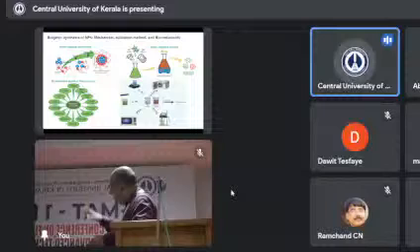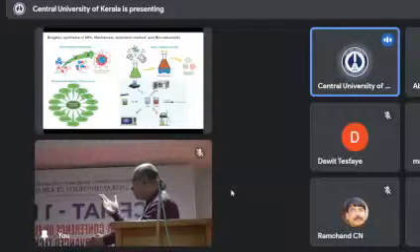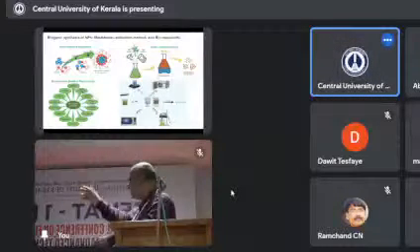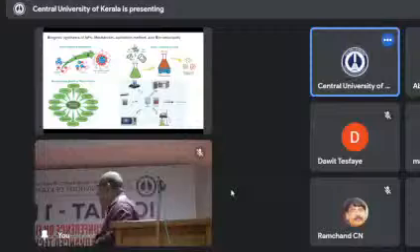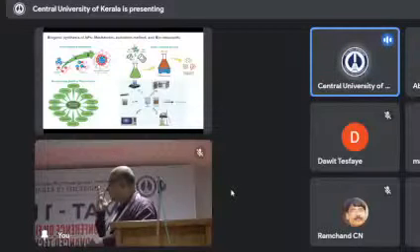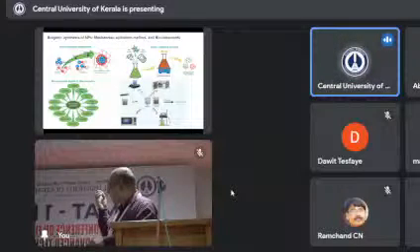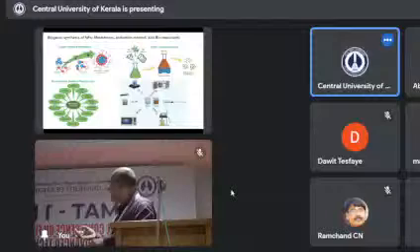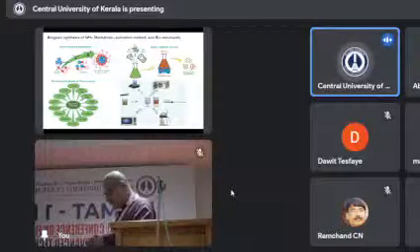This is the general biogenesis synthesis of nanoparticles and its mechanism. Here we use tree gum as a stabilizing agent and reducing agent to make the nanoparticles.